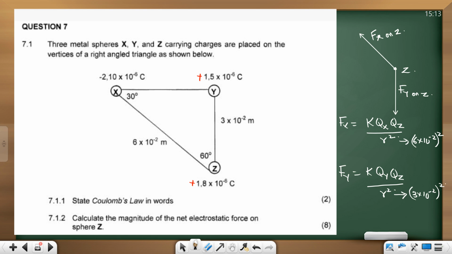Let's calculate F of X on Z and F of Y on Z. Quickly share those answers once you're done.